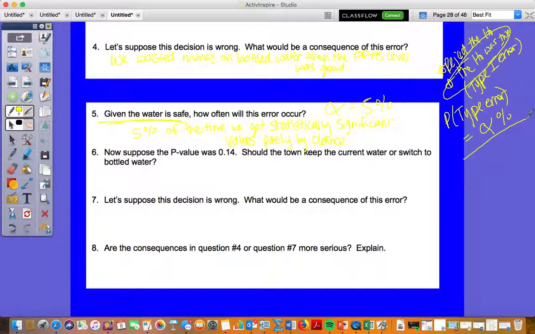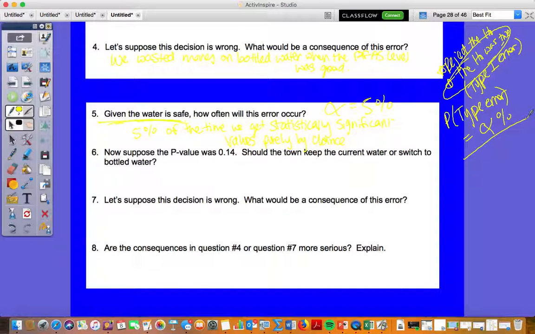Not necessarily. It wouldn't be like the margin of error, because that's different, but that's determining that there's a 5% chance. I want to make sure I'm careful. It only relates to the type 1 error, right?